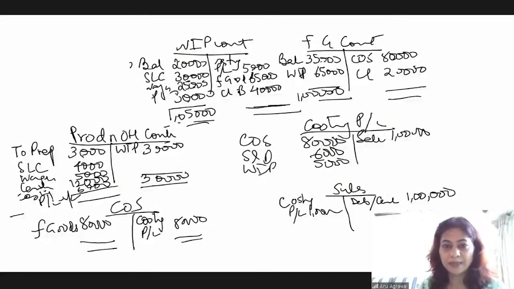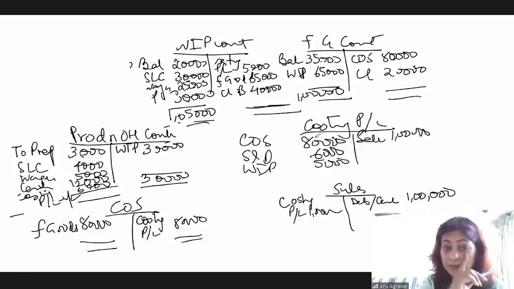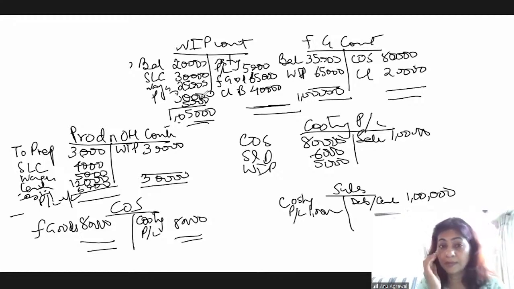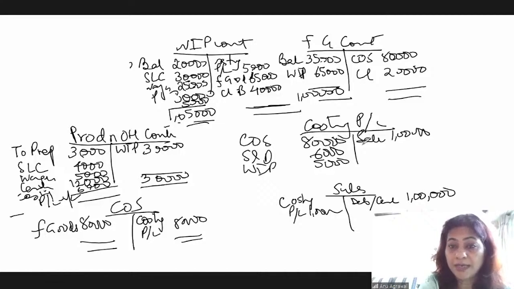Look at our costing P&L account. We transferred cost of sales, say 80,000, right? We transferred from selling and distribution 6,000. Now from WIP, this gain of 5,000, WIP account to stock gain.